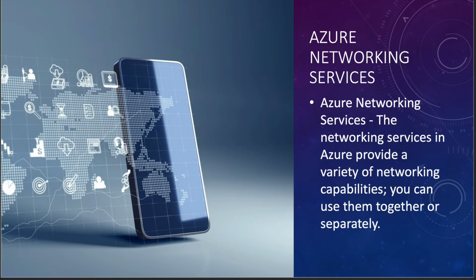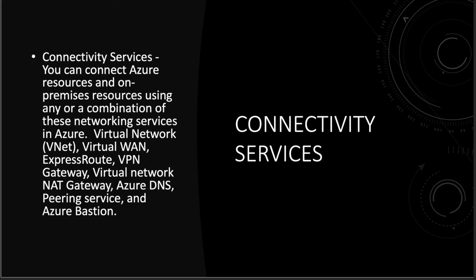Azure networking services. So this kind of breaks this out a little bit better into the way that you can hook up all your Azure networking needs. You can use them together, you can use them separately. It depends on what your network engineer wants to do. So you initially have connectivity services, and these are the things that you connect your Azure resources and your on-premise resources. So that is the link between your data center and Azure, the connectivity services.